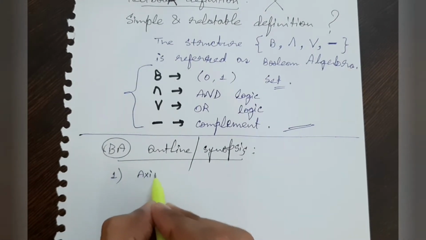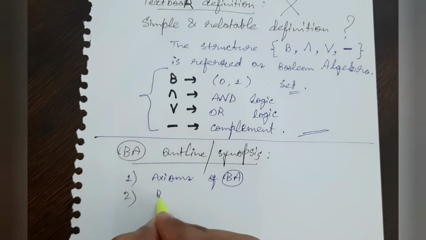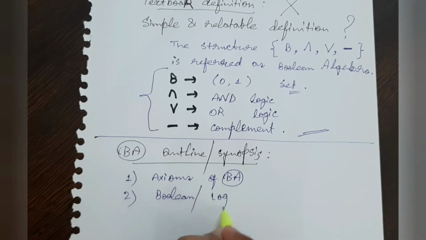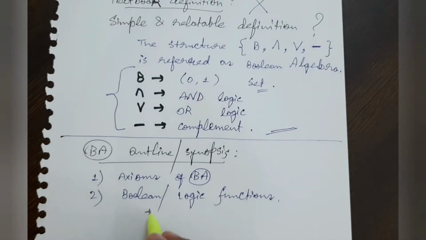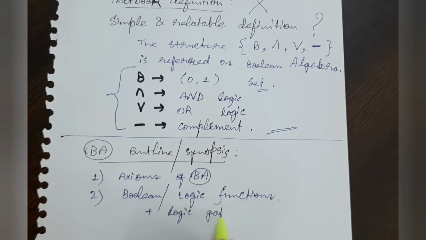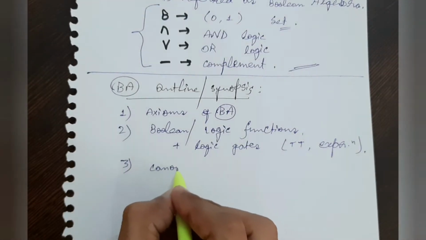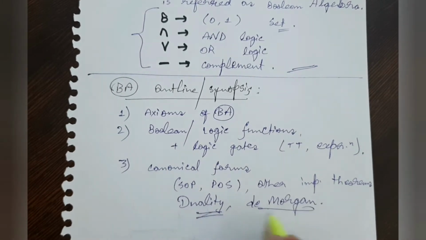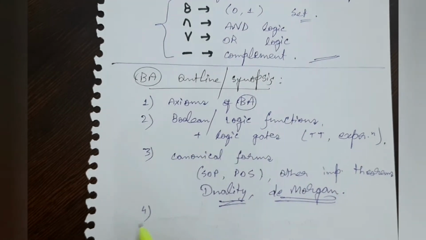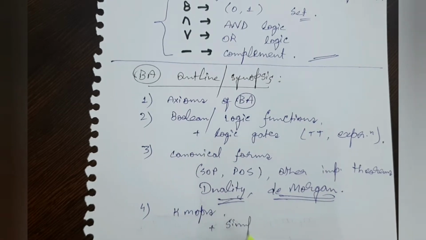Now comrades, I have divided this Boolean algebra topic into 4 or 5 subtopics so that in case you want to skip a section which you already know, you can easily do that. So the first subtopic is axioms of Boolean algebra, where we shall discuss properties like closure, commutative, associative, etc. Second is Boolean logic functions and logic gates with their truth tables and expressions.